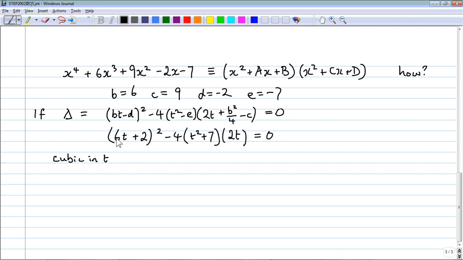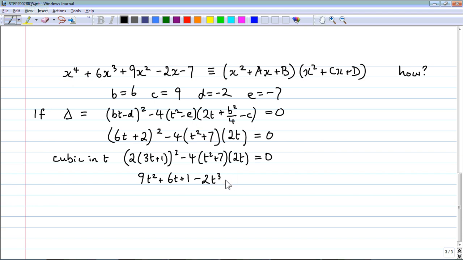Let's take out a factor of 2 here. So I've got 2 times (3t + 1) all squared minus 4(t^2 + 7)(2t). Then the 4's cancel, so I get 9t^2 + 6t + 1. The 4's cancel, so that's minus 2t^3, and I've got plus 14t, that's minus, isn't it?